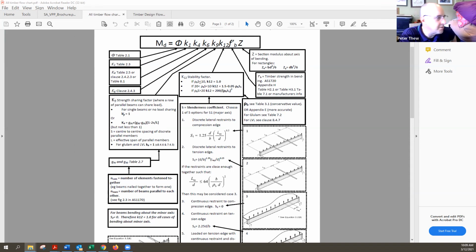Shear strength. We are in beams. I don't have the printed version of the standard with me today, so I'm looking one up on my computer, which is a bit more awkward.